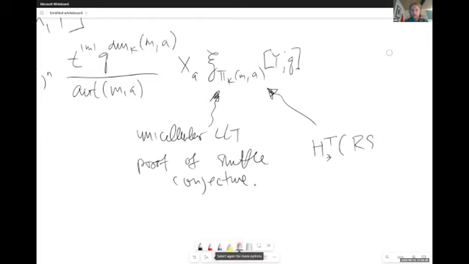So we'll call this the regular semisimple Hessenberg variety associated to pi k. This is another example of a GKM space, so you can compute it using the GKM relations.